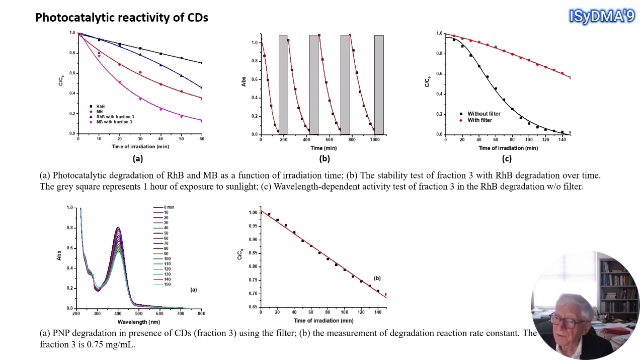So for the nitrophenol, as you can see, using fraction 3, we can see the same behavior that we have shown for rhodamine B, and that means that with a filter, this degradation is very small. And if we think about the first order reaction for the degradation, it is also low, but still we have some degradation.